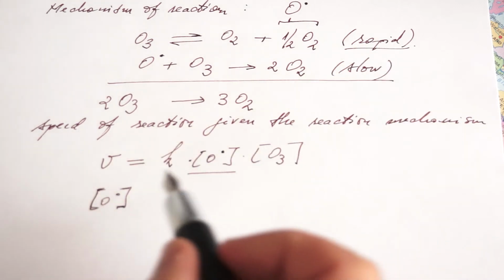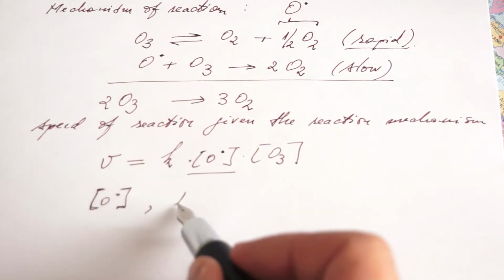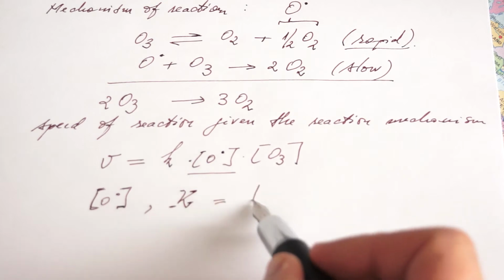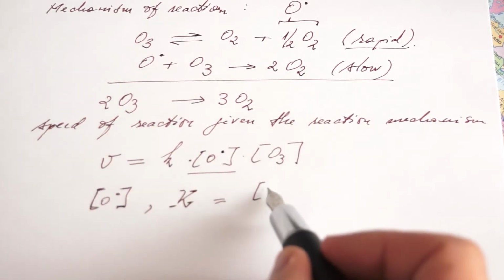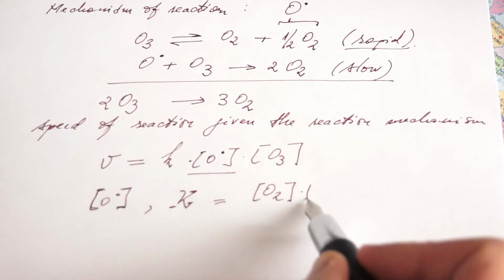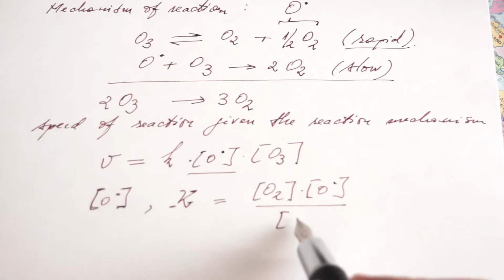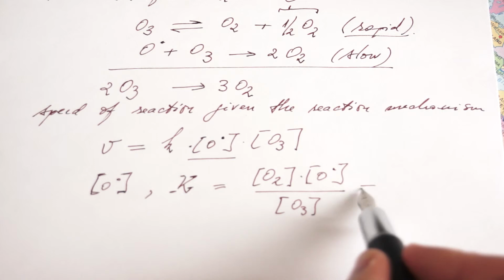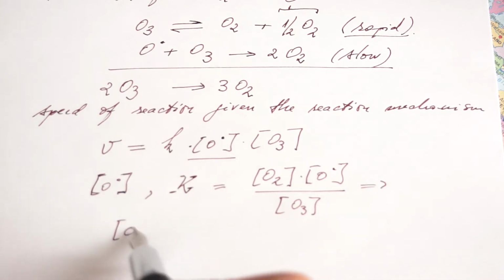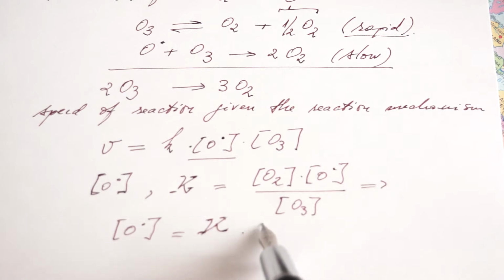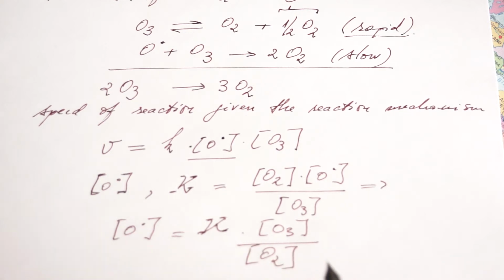Because this is rapid, we know that K, the equilibrium constant for this reaction, is the product concentration divided by the reactant concentration. So from here I can pull out the concentration of the radical as K times O3 divided by O2.